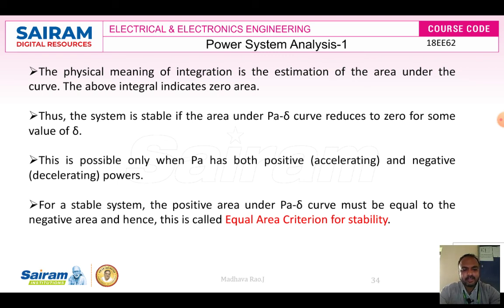When d delta by dt is equal to 0, the system is stable. When d delta by dt is greater than 0, the system is unstable. When the positive and negative areas of the PA minus delta curve are equal, we consider it the equal area criteria. So, this is about swing curve and EAC.